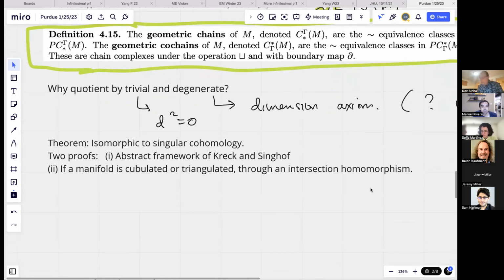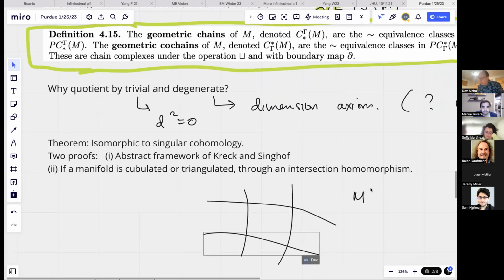And the other thing you can do is, if your manifold is cubulated or triangulated or something like that, there's an intersection homomorphism. So here's my manifold M, and I'll do a cubulation.